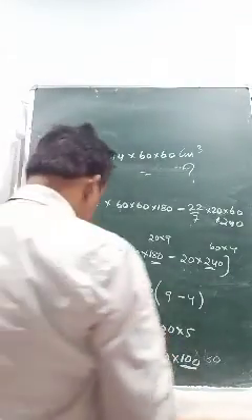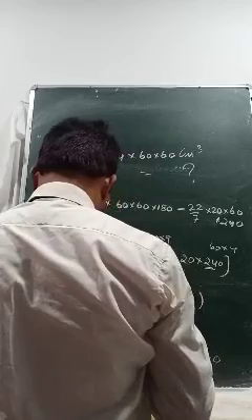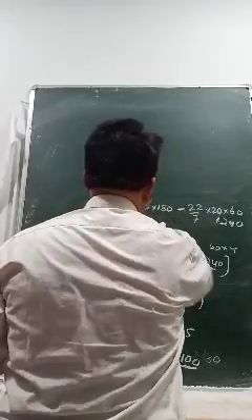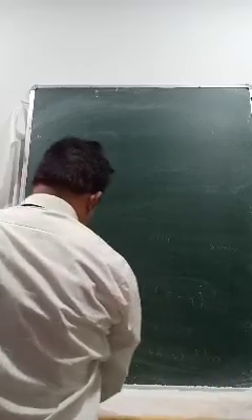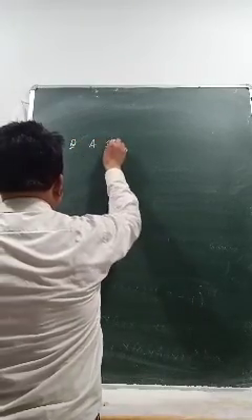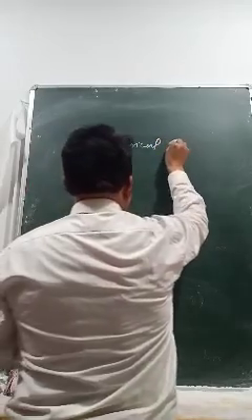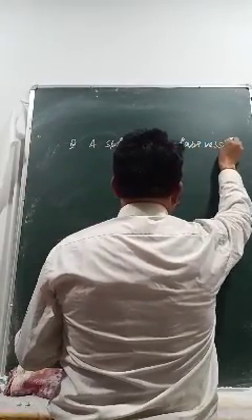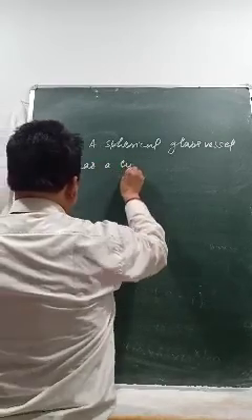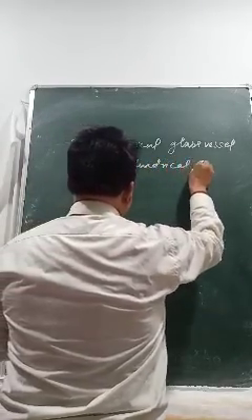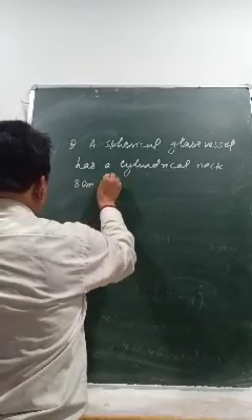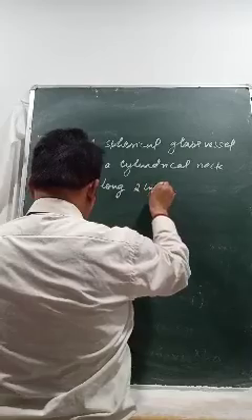Question number 8. A spherical glass vessel has a cylindrical neck, 8 centimeter long and 2 centimeter in diameter.